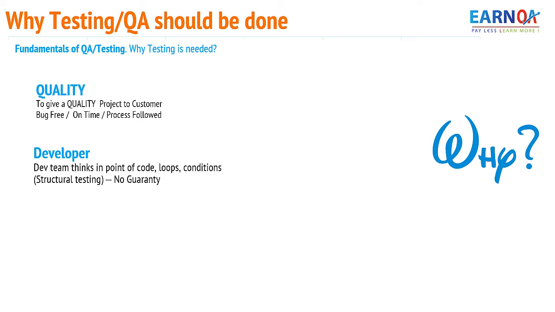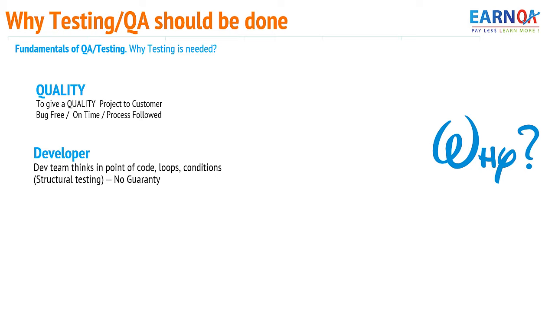And then what happens if the developers take care of everything? There is no guarantee that the developer would make sure the functionality is perfect, because a developer always thinks from the point of view of structure, program, code, conditions, loops, statements, parameters. He would never bother about the actual functionality. But as a tester, I am worried, because I represent the customer.